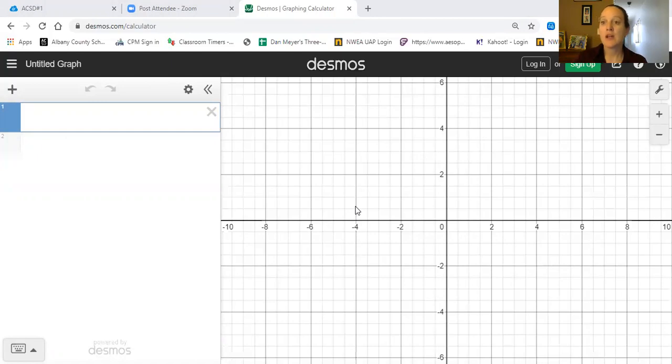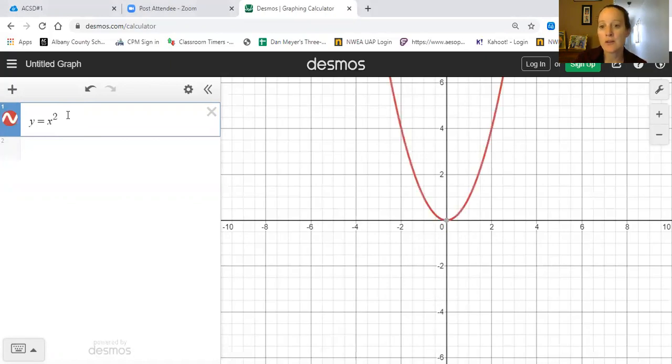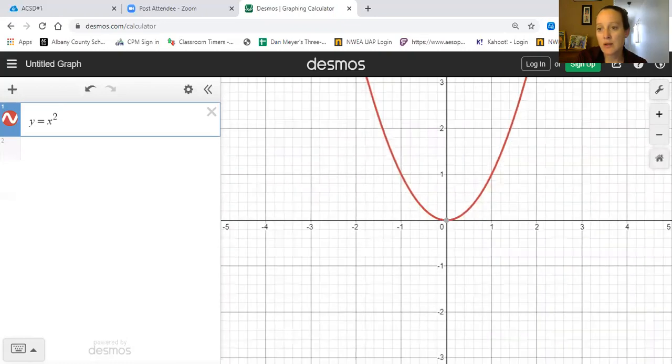Okay, and so the very first family of functions that we are going to graph is going to be the quadratic. So when you type this in, you just type in that left corner y equals x and then caret, which is shift 6, and that little cursor should go up, squared. Okay, now you will see off here to the right this plus minus sign, and you can zoom in or zoom out.